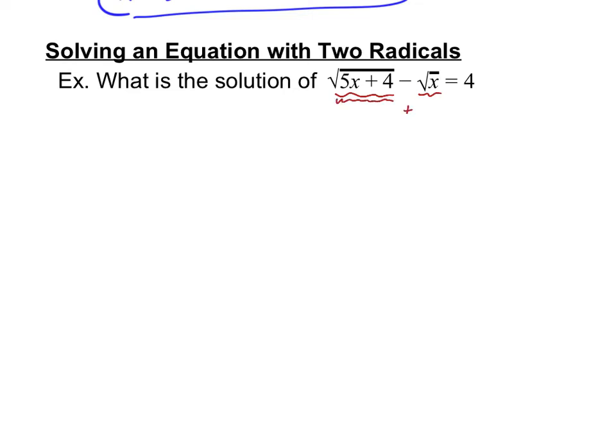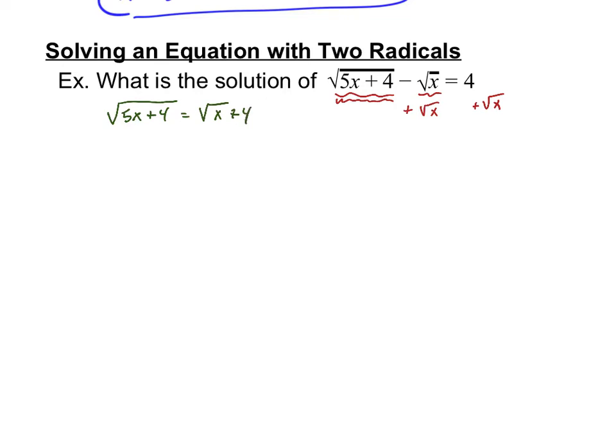So we can go ahead and add the square root of x to both sides. And that is going to now be rewritten as 5x plus 4 is going to be equal to the square root of x plus 4.